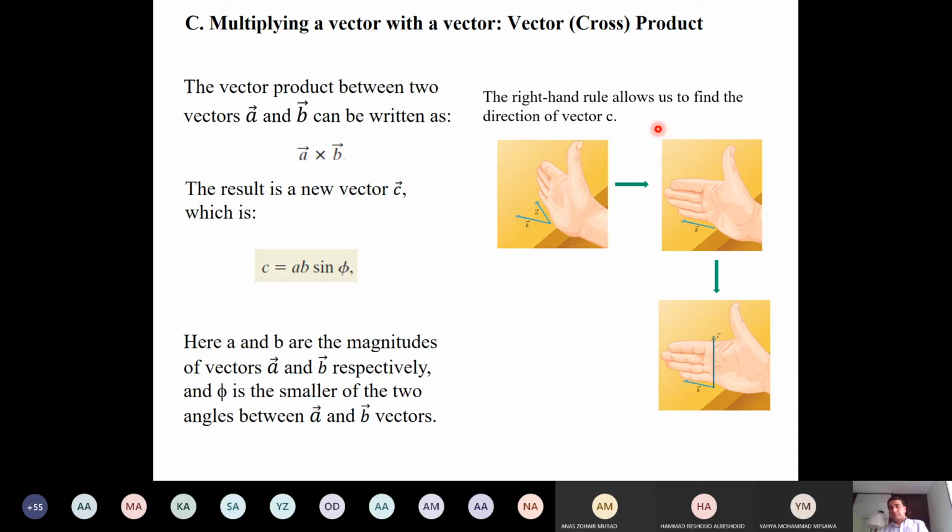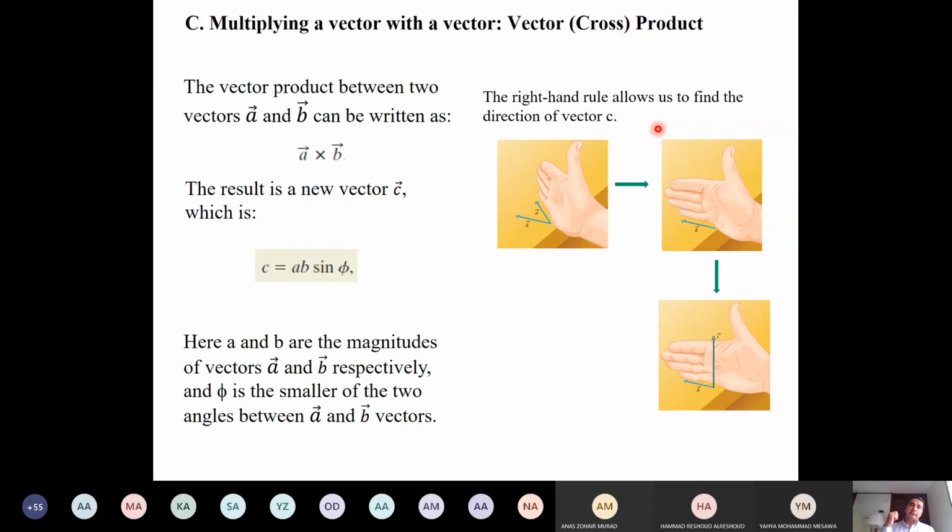Another thing is, assume that you have vector A and vector B represented along X and Y axes, X and Y coordinates. So that's the two-dimensional section in which you represented it. Now, when you multiply A with B, the resultant vector which you get will be outside of that page.